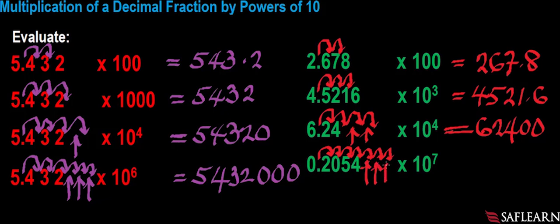Those 3 blank spaces, all we need to do is simply fill them up with 0. So this would be equal to 2054000. Okay, that's beautiful. Now that's how we multiply decimal fractions by powers of 10.